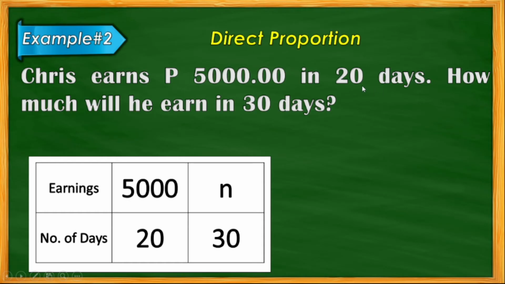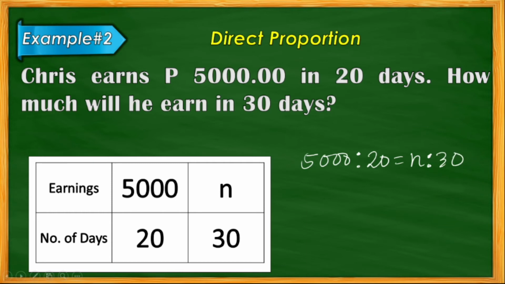So 5,000 is to 20 equal to n, the earnings, is to number of days, 30.